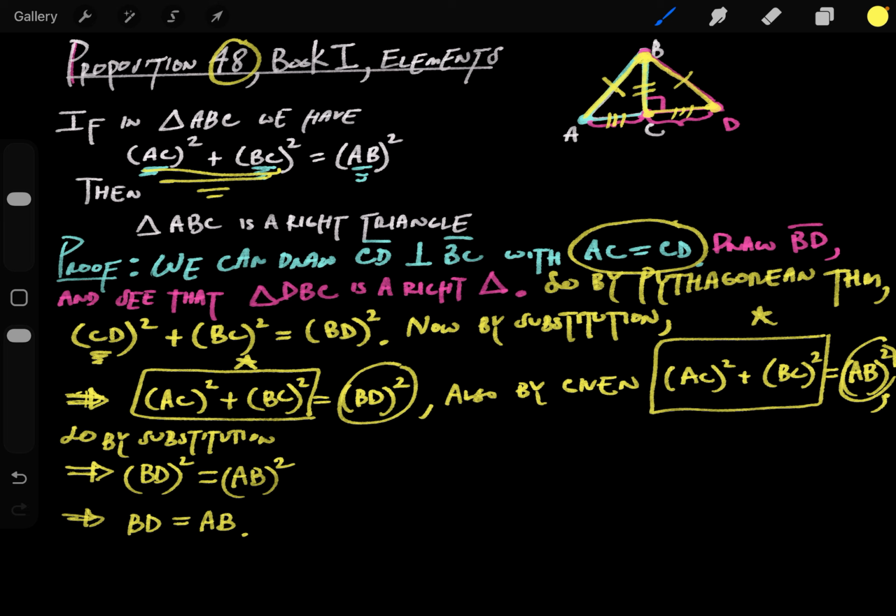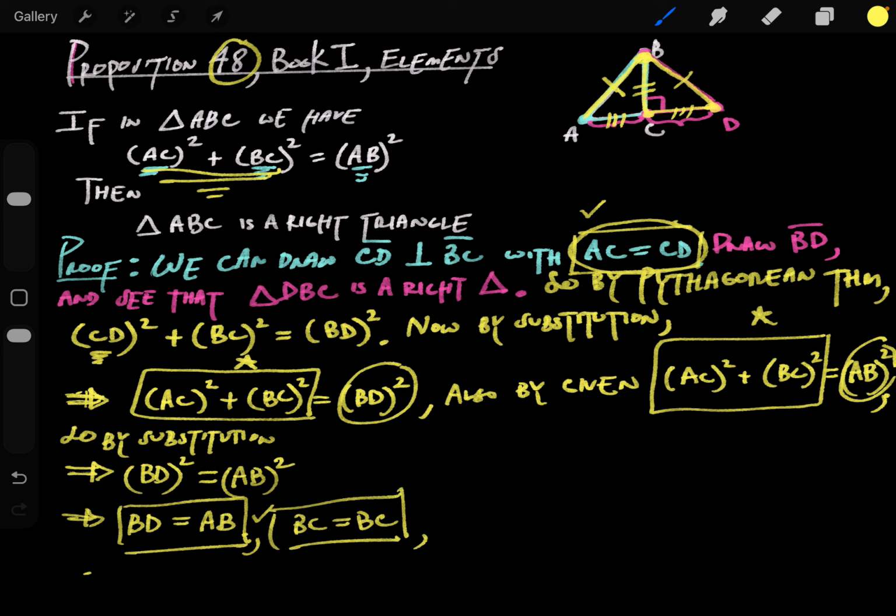So let's write this. I got AC is the same thing as CD, that's good. Then I got BD is the same thing as AB, and then one last thing, BC is the same as itself. So then by side, side, side, triangle ABC is congruent to triangle DBC.